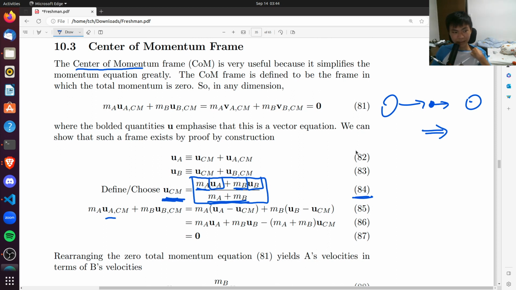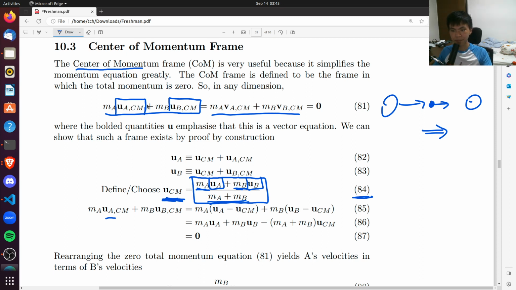And why is this nice? This is nice because now the momentum equation becomes remarkably simple. Previously we had a linear equation, but now not only is it still linear, the UA and UB are just pointing in opposite directions.